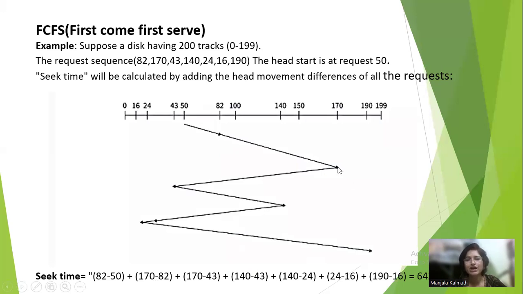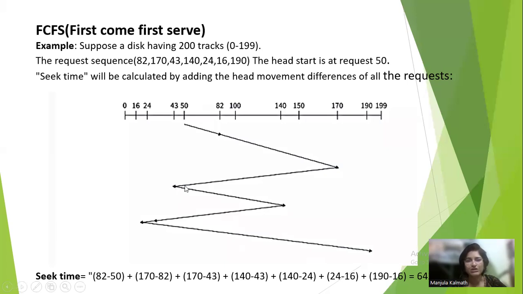Then next, again from 170 to 43. So the difference between 170 and 43: 170 minus 43, we have to add to that. This is the time taken to transfer from here to here. And again from 43 up to 140.